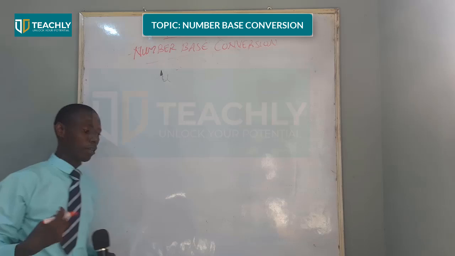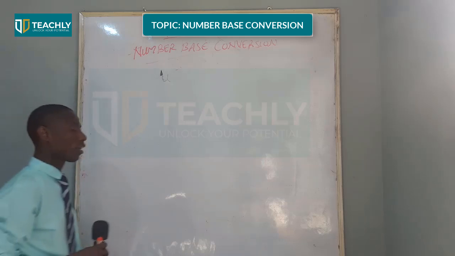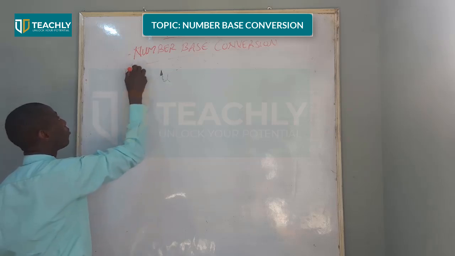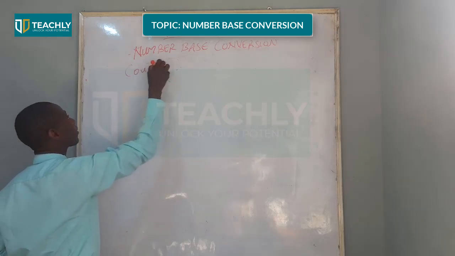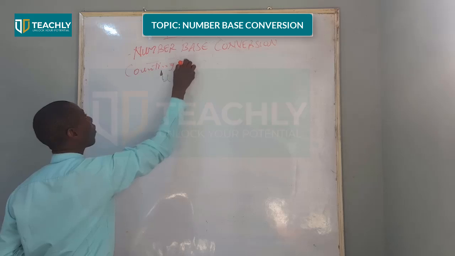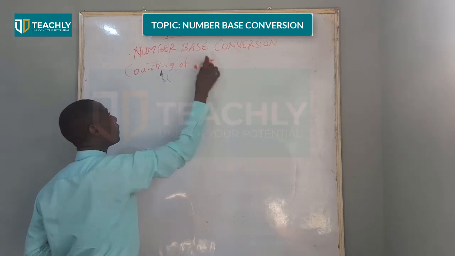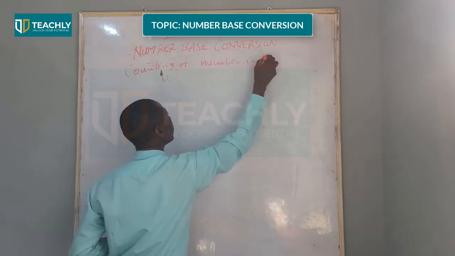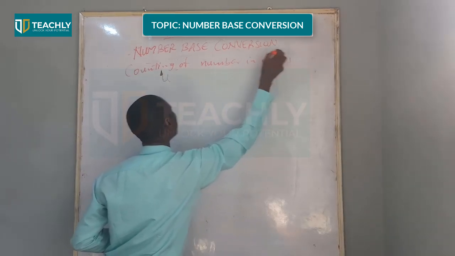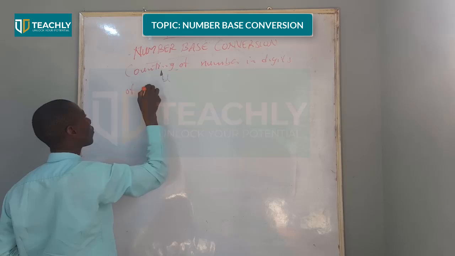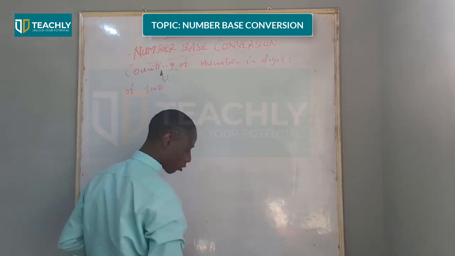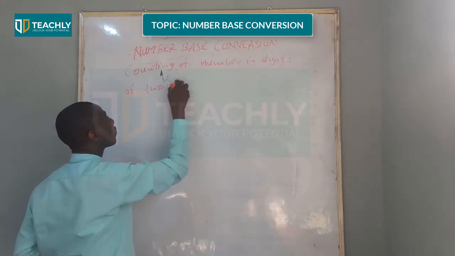When we are talking about number base conversion, you can say it has to do with counting of numbers in digits. In digits of, we have twos, counting of number in digits of twos, 5.